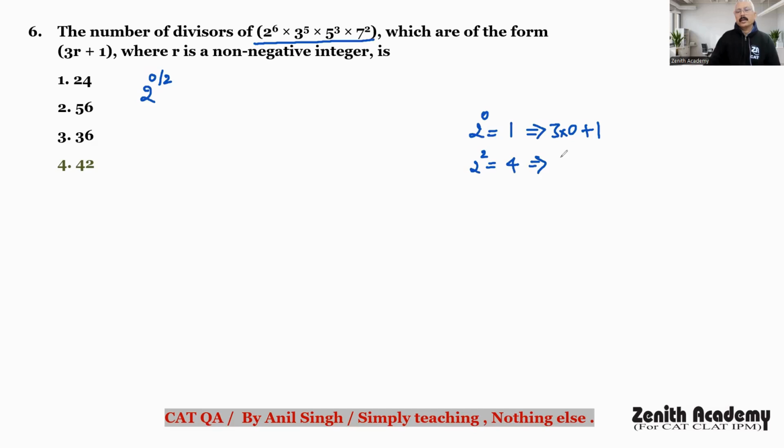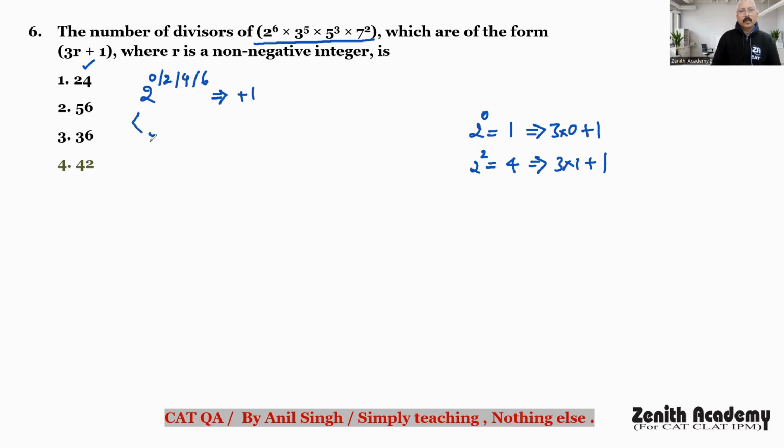It can be written as 3 into 1 plus 1. So 2 to the power 0, 2, 4 or 6, all these divisors can be written in the form of 3r plus 1, meaning all these divisors will give remainder plus 1.